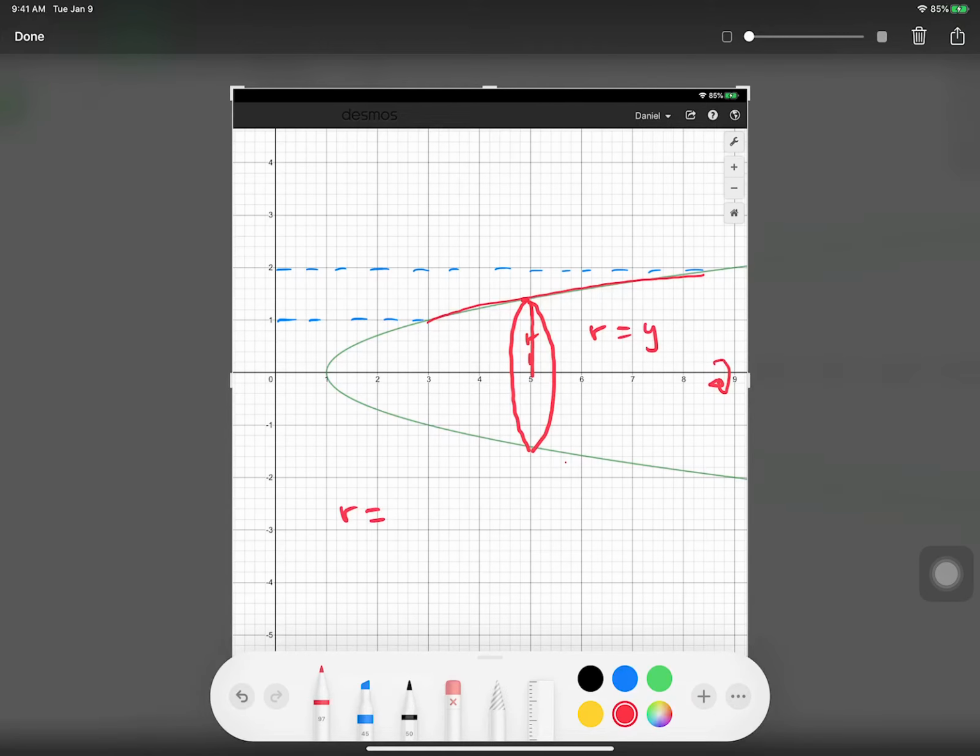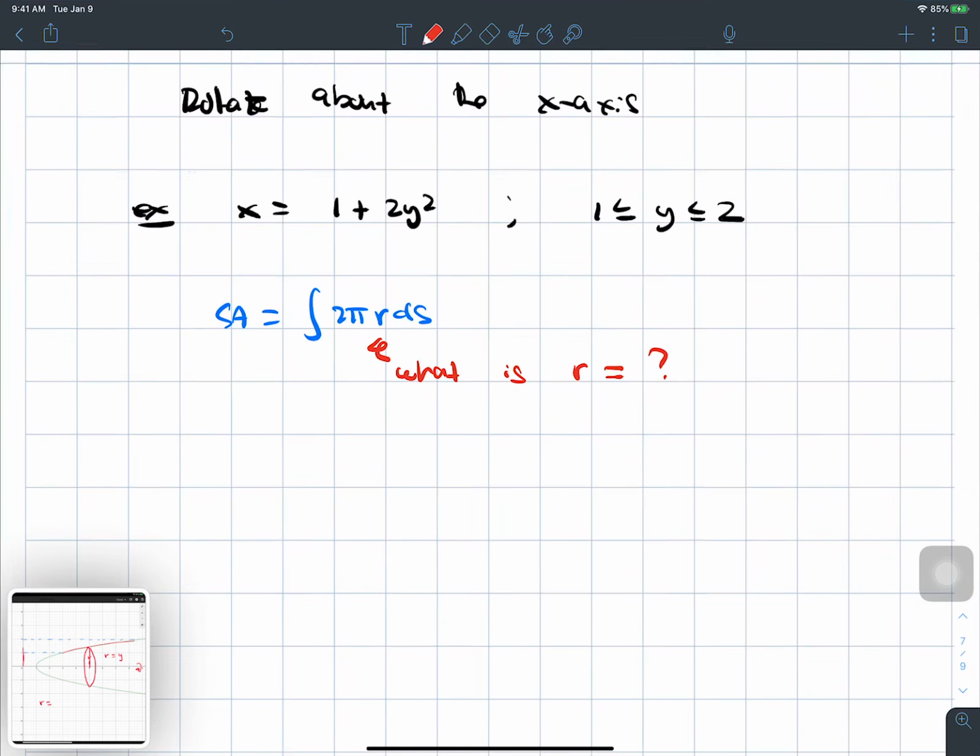It's a vertical distance. So that's a corresponding y value right out here. Because we're rotating about the x-axis. If we rotate it about the y-axis, the radius is going to be an x value. But here my radius is a y value. Vertical distance. So we know the radius here is a y value.